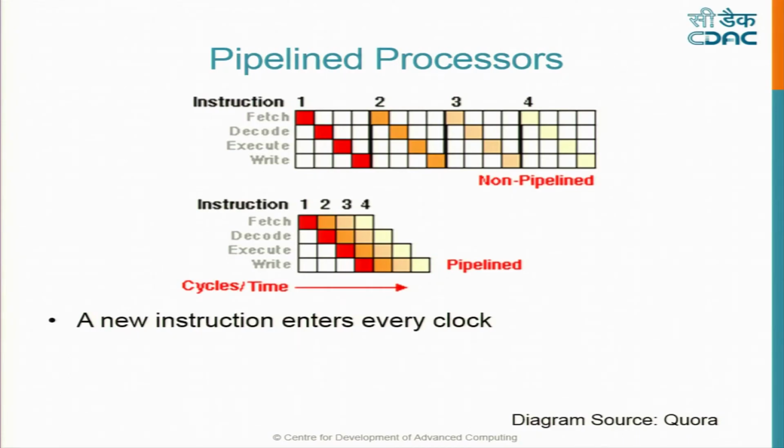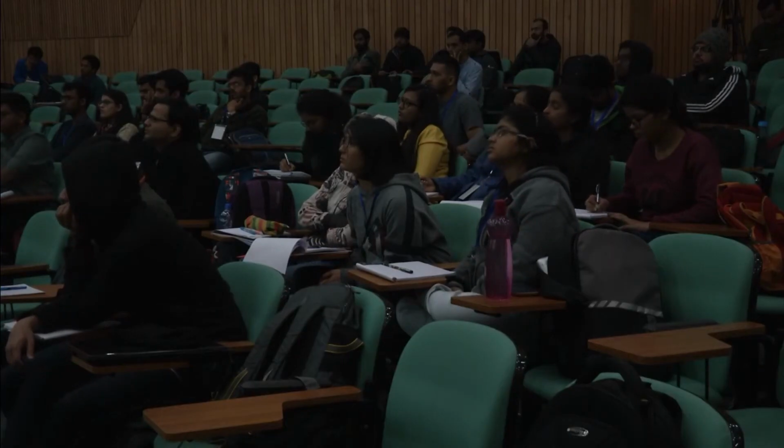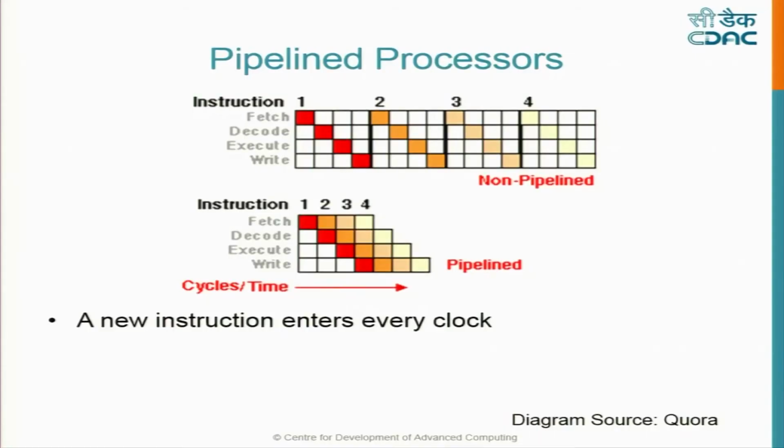So what is the result? Each instruction is still taking 4 clocks to execute, but by compacting, after a delay of 3 clock cycles, every clock we are getting 1 instruction. That's what he mentioned in the morning. Cycles per instruction becomes 1, though each instruction is taking 4 cycles. But the number of effective cycles required is 1, because one after another each cycle is finishing its execution.